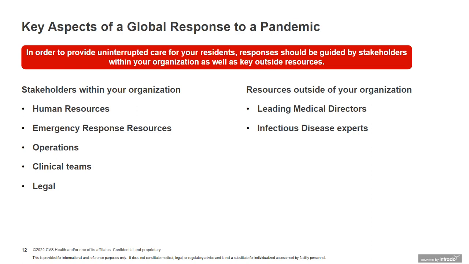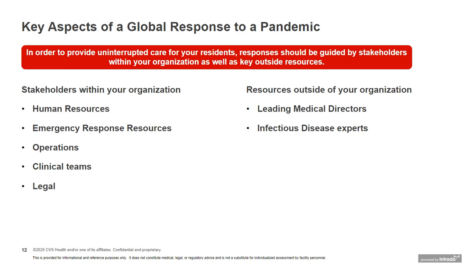So the first part of this would be this slide on key aspects of a global response to a pandemic. And I think what we've established and probably have learned similar to you is that to effectively deal with this, there are multiple people that have to be involved.